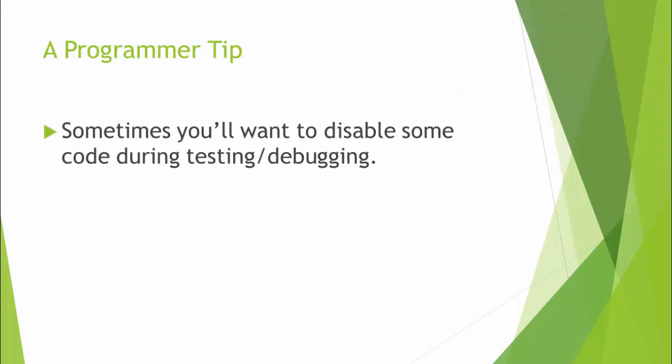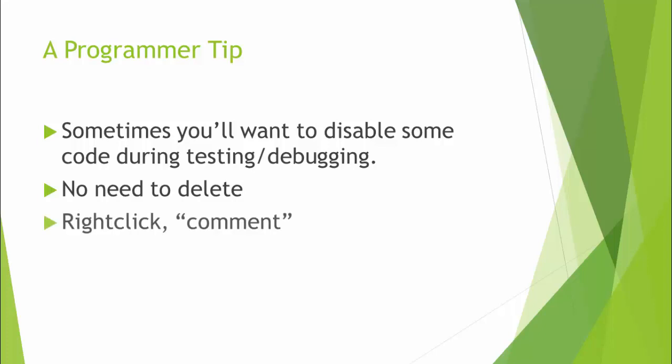Now, the commenting tool is actually a powerful tool for debugging your sketches as well. There'll come times when you want to disable some portion of your code to essentially see how your sketch will work without that aspect of the code. You don't need to delete that code.